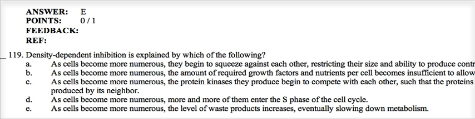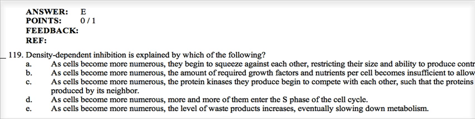C. As cells become more numerous, the protein kinases they produce begin to compete with each other, such that the proteins produced by one cell essentially cancel those produced by its neighbor. D. As cells become more numerous, more and more of them enter the S phase of the cell cycle. E. As cells become more numerous, the level of waste products increase, eventually slowing down metabolism.